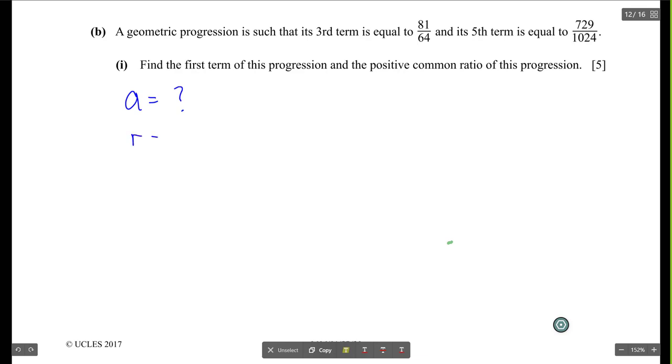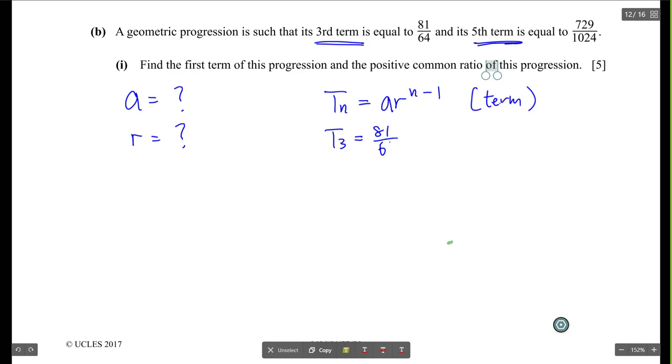Common ratio will be R. This is the symbol to represent in this topic. And for the term here, we have a formula, which is Tn equals AR to the n minus 1. So third term means T3 equals 81 over 64. Fifth term means T5 equals 729 over 1024.